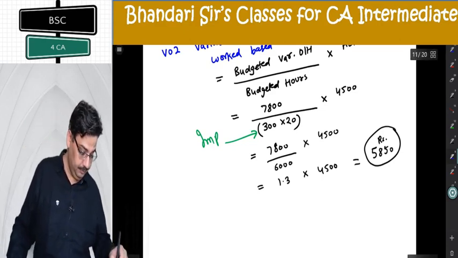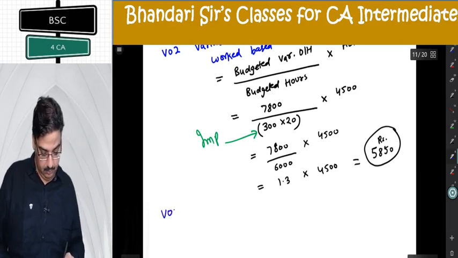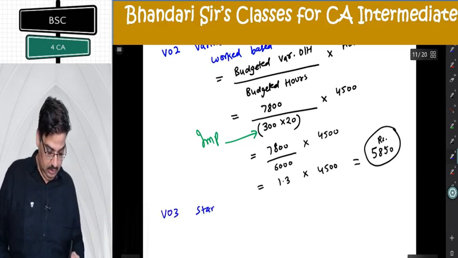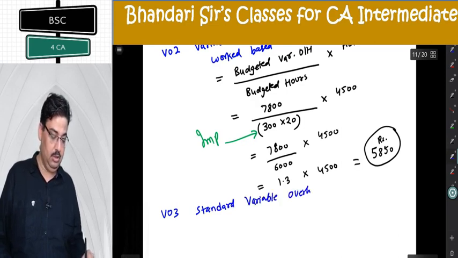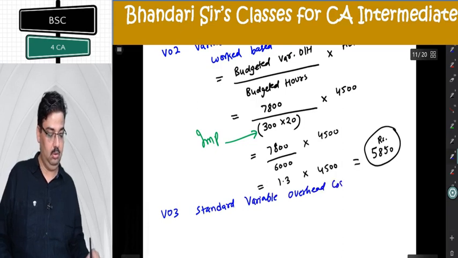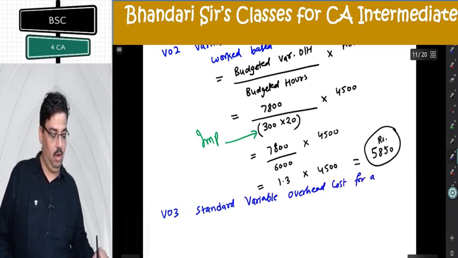VO3. Standard variable overhead cost for actual production.